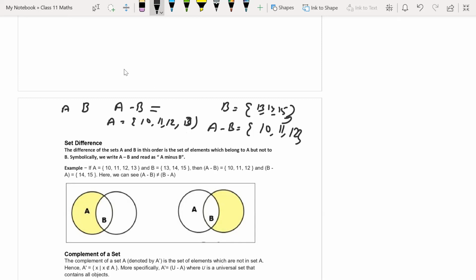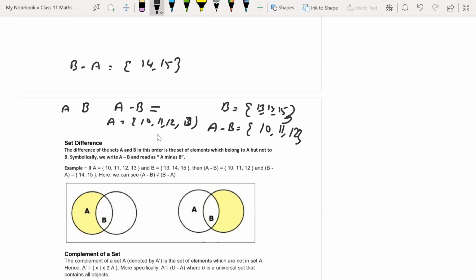Or similarly, B minus A. In this case, here 13 occurs in A, so 13 will not come, only 14 and 15 will be the result.